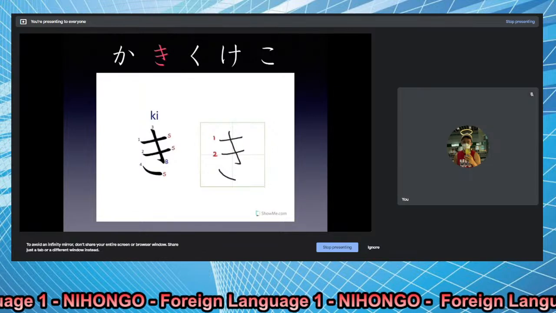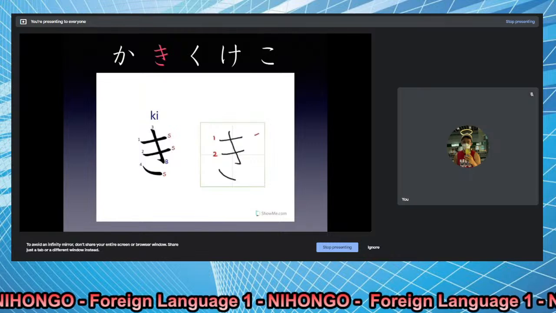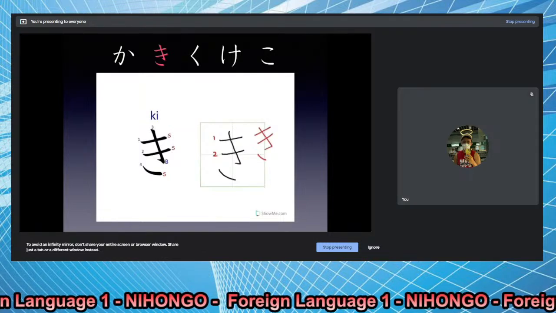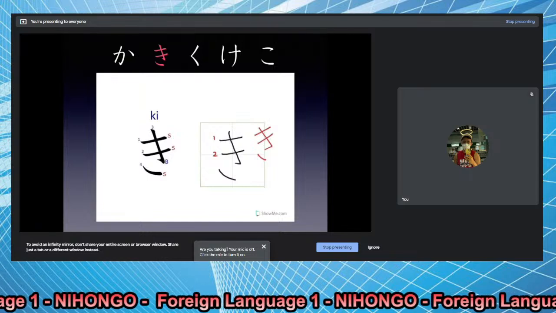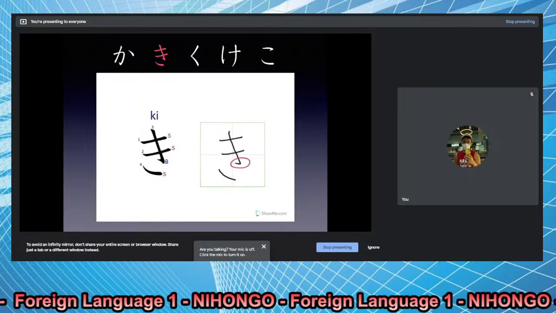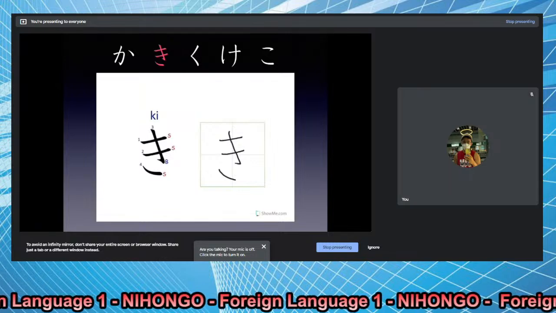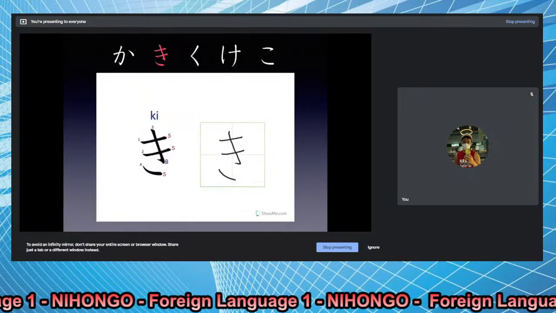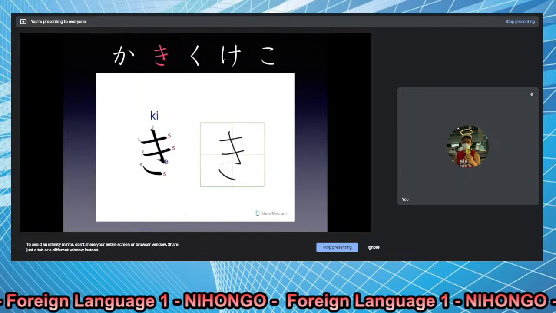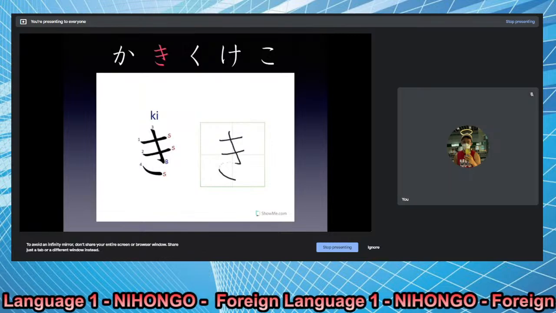However, do not make these 2 lines going too steep like this. It doesn't look right. Also, this brush up is very important. It should naturally appear because this is the path that your pen follows, but you don't actually write that path in the handwritten version of ki.